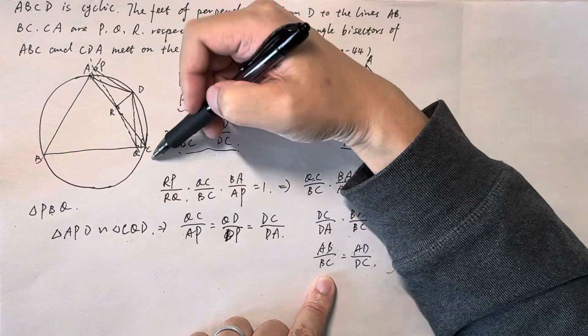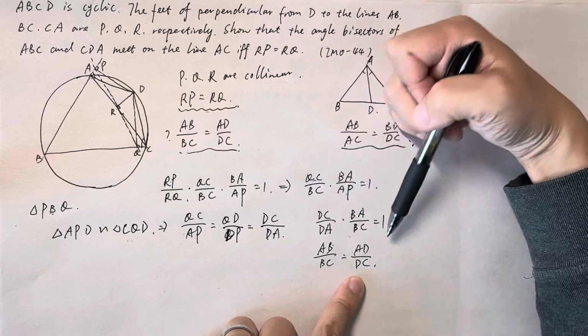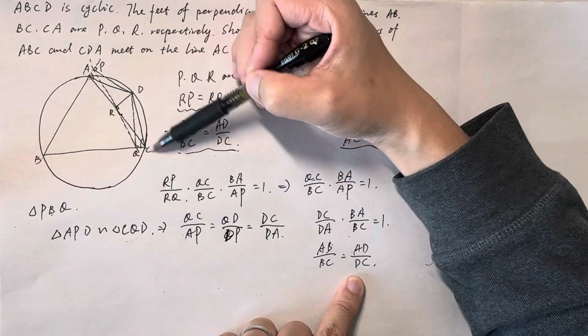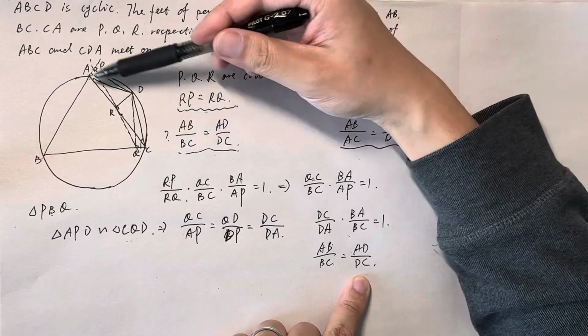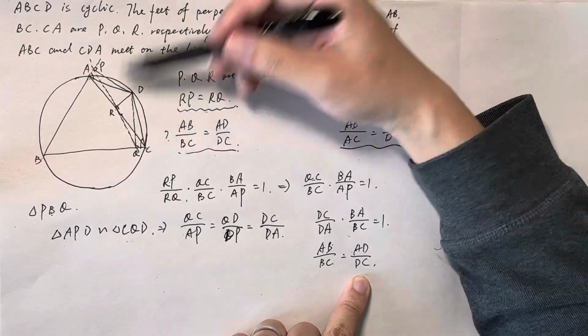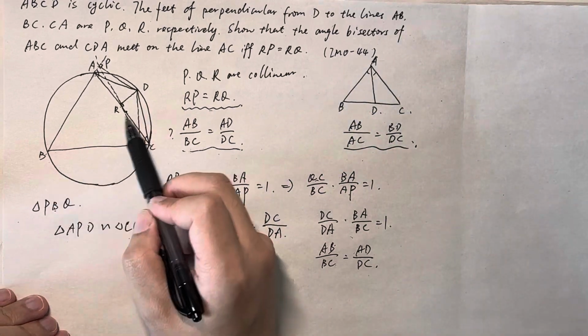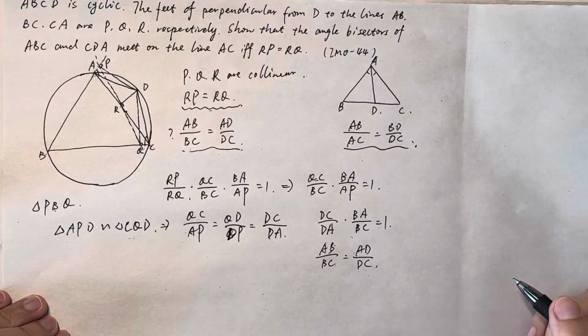Let's say it's E. For AB to BC, that's AE to EC, and AD to DC is also AE to EC, right? So that means the angle bisector lines meet on AC.